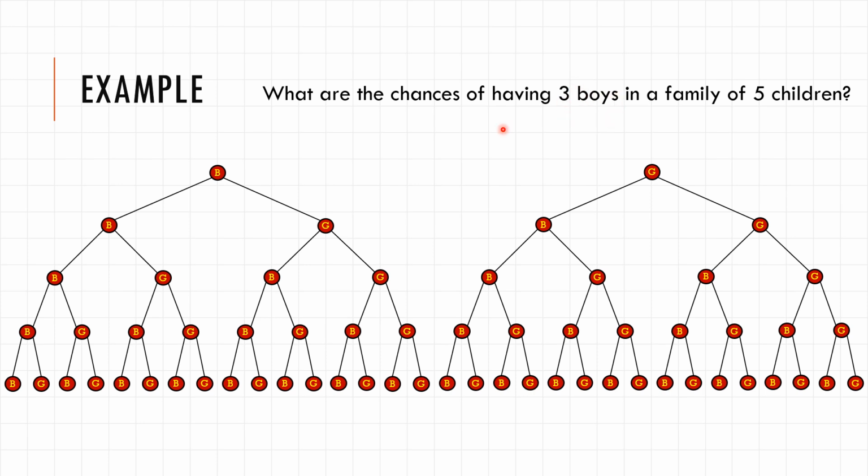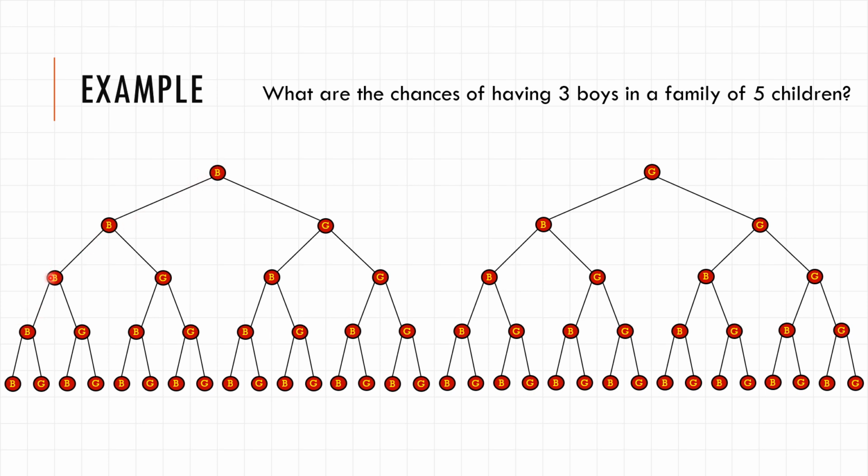But there's lots more. Let's go through this entire tree diagram and see which of these has 3 boys in it. Starting off here, boy, boy, boy, that's 3 already, which means having a 4th boy would instantly be not a successful outcome.